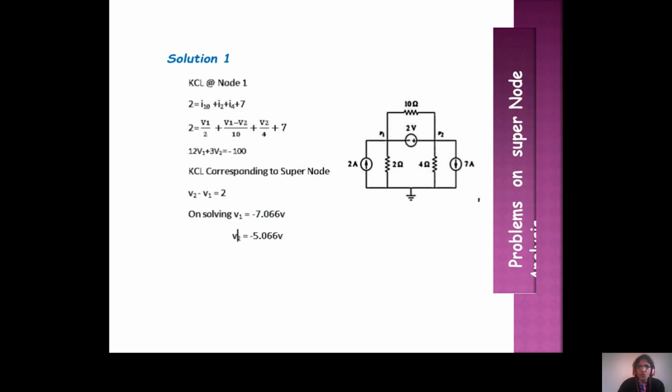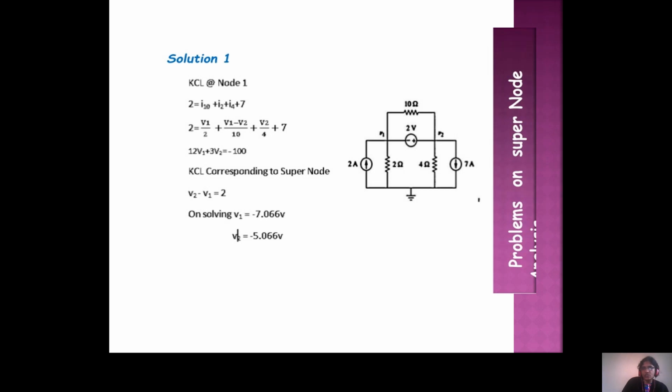So first, node 1. Here there is V1 and V2, and the currents I10, I2 and I4. How do you write it? 2 is equal to, I am taking the 2 because it is entering the current and the other is leaving the current.